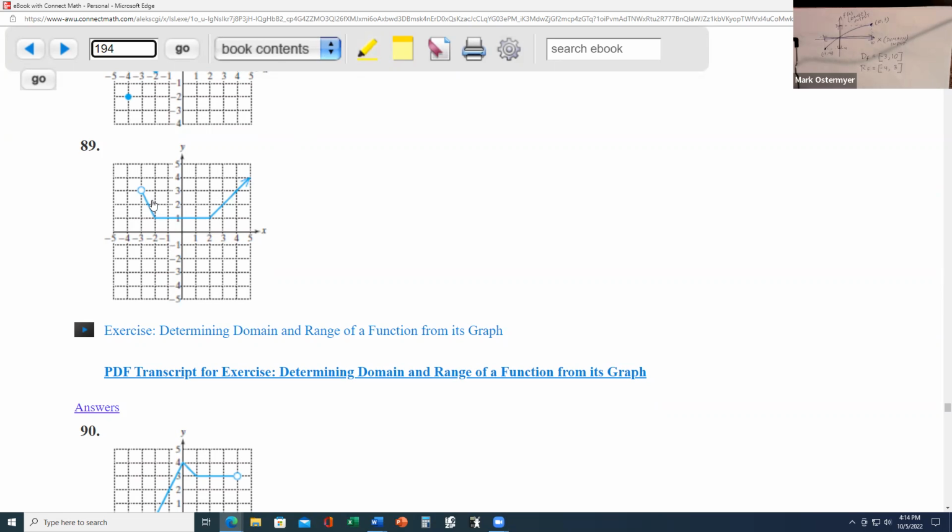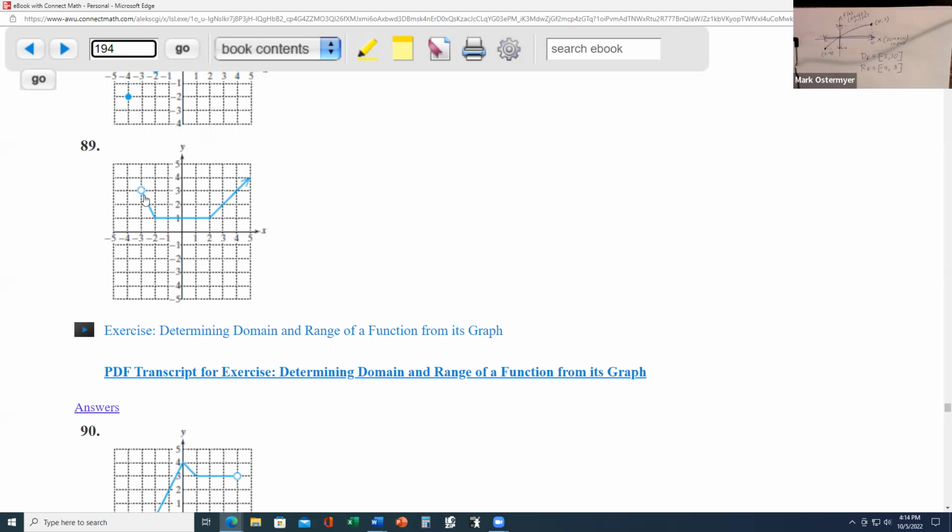Notice this open circle here indicates that the point -3, 3 does not actually sit on the graph of this function. So -3, 3 is not a point actually on the graph. So would I include -3 in the domain? Yes or no? No. No, we do not include -3 in the domain.